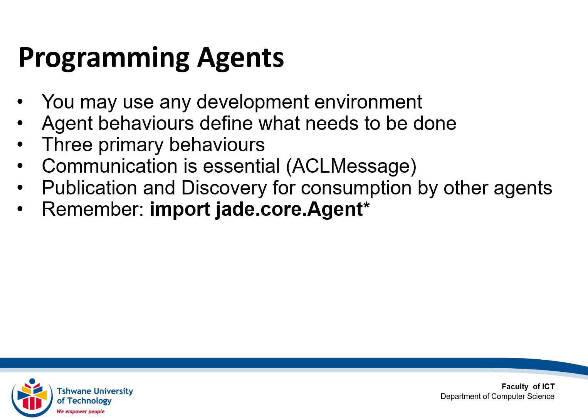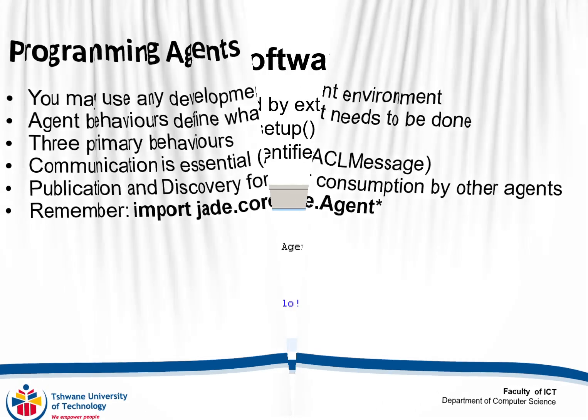And then you also have the publication and discovery of agents, so that they can be utilized by other agents, which is the directory facilitator. And you know by now that perhaps the most important package that one is to import to develop agent software in Jade is jade.core.Agent.